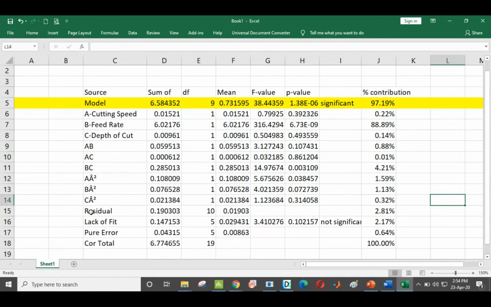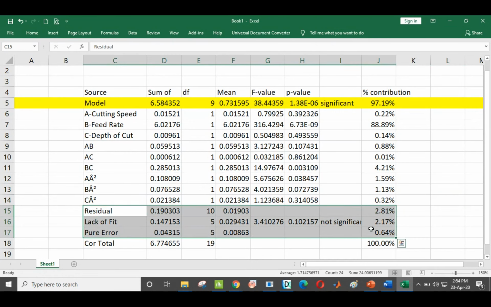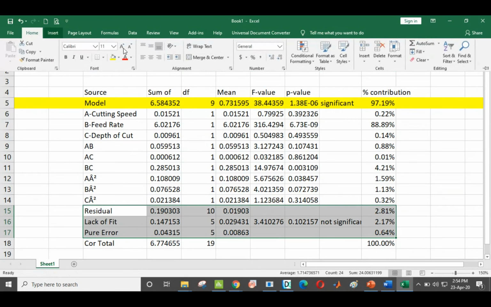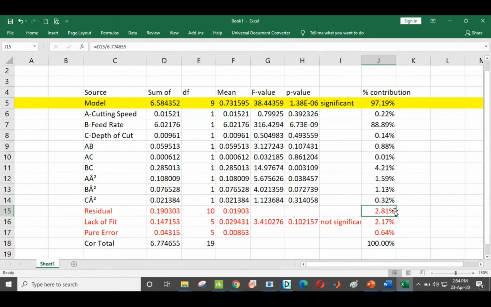Now here you will come across these three things. So this 2.81 is nothing but the summation of these two things. If I sum this, then I will obtain these two things. So 2.81 percentage.